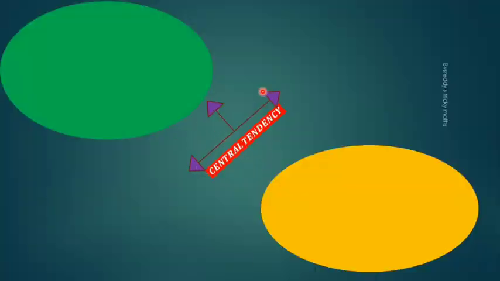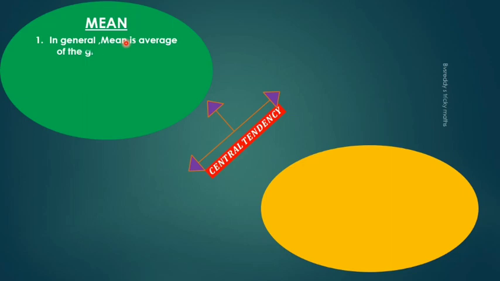First one is mean. In central tendency, we see the mean value. So what is meant by mean? In general, it is the average of the given observations. So what is the average? Average means sum of the observations by number of observations.